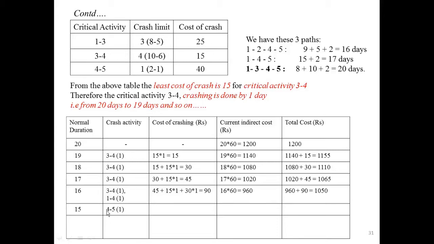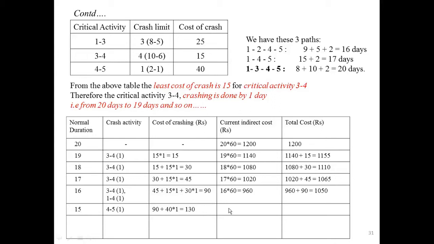Next, since 4 to 5 is common in all these three paths, you have to choose 4 to 5 by 1 day, because you can crash by 1 day. The cost of crashing is 90 previously. For 4 to 5, in the problem, the cost of crashing is given as 40. 40 into 1, we will get 130.